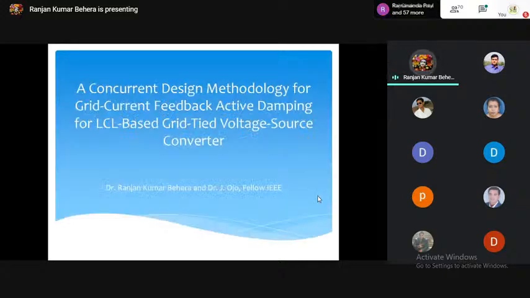Then we will see a concurrent design methodology for a grid current feedback active damping LCL-based grid-tied voltage source converter. This work I did long back along with Professor Ojo at Tennessee Technological University. So we designed this one.